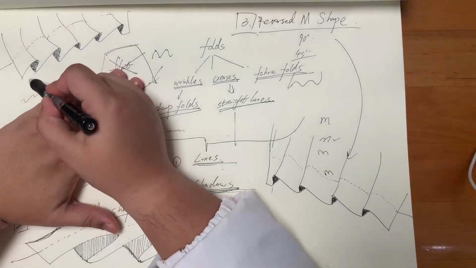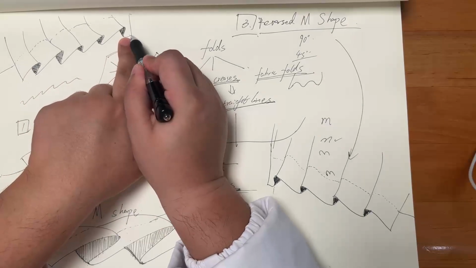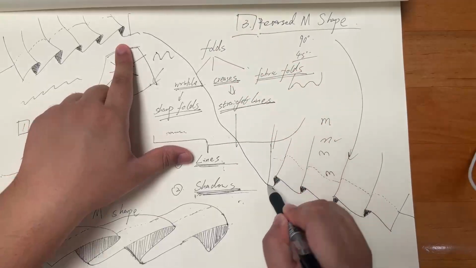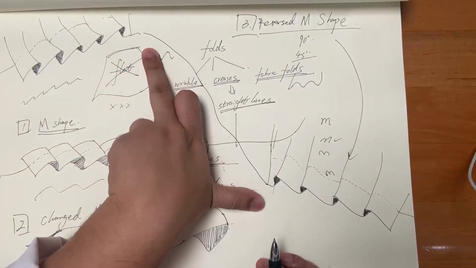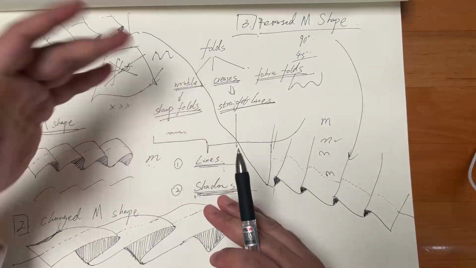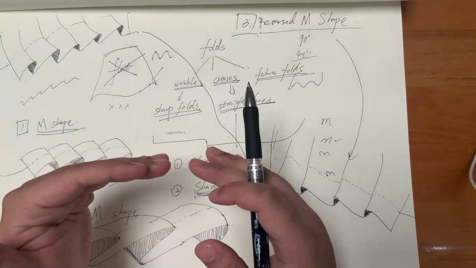So for example, all here, boom, and if this is connected with this one, so if these two are connected, what happens in between, that's the folding, that's the wrinkle, that's the fold.